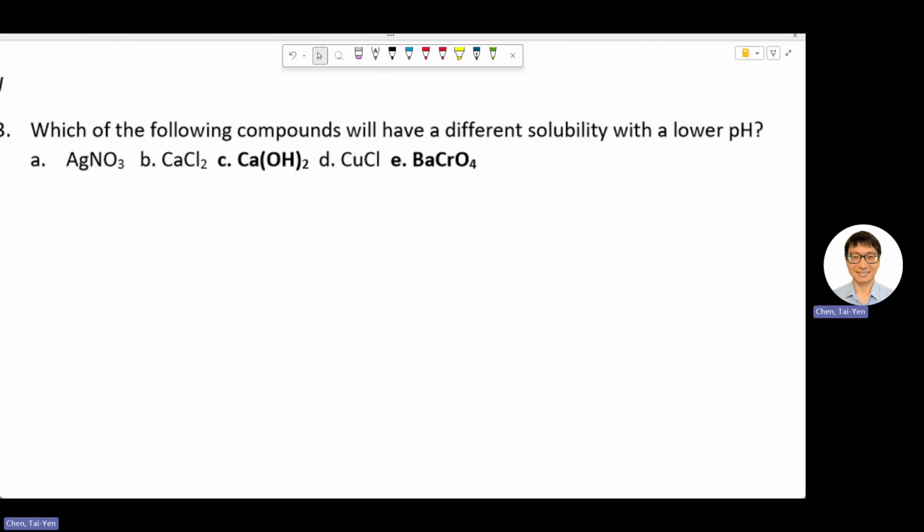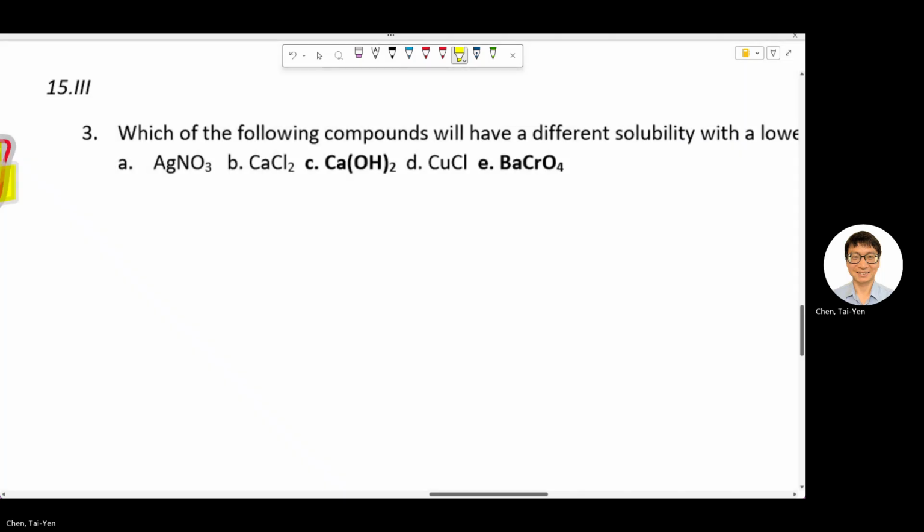The question says, which of the following compounds will have different solubility with lower pH? What are the keywords here? Yes, solubility. And then there's another keyword here.